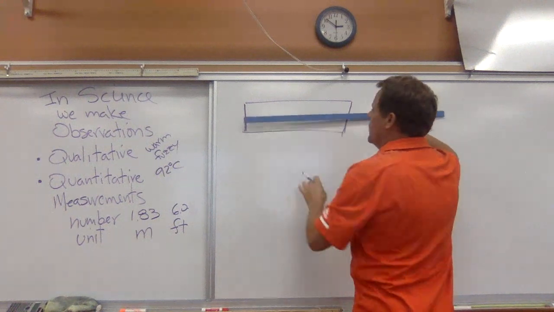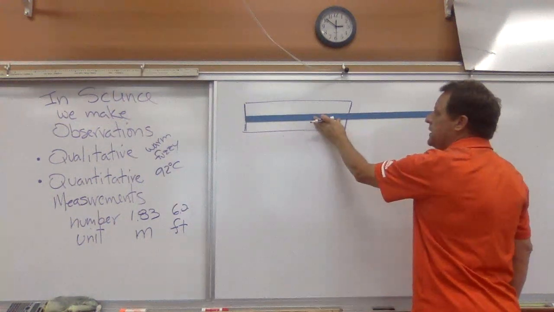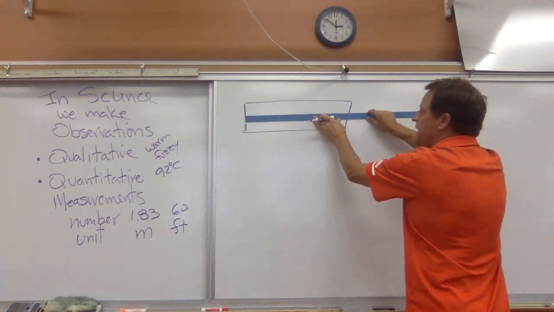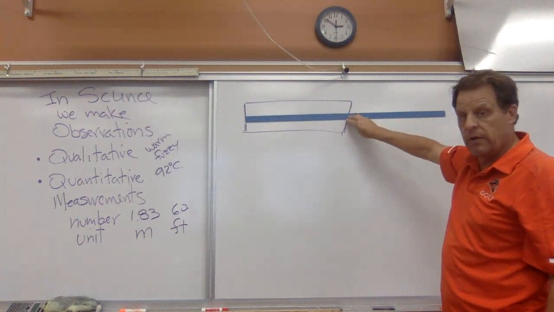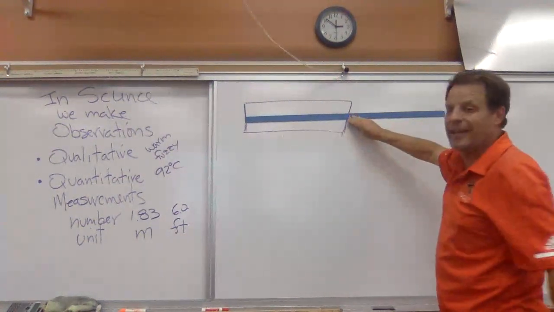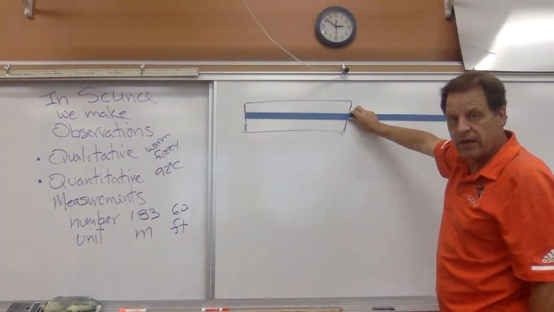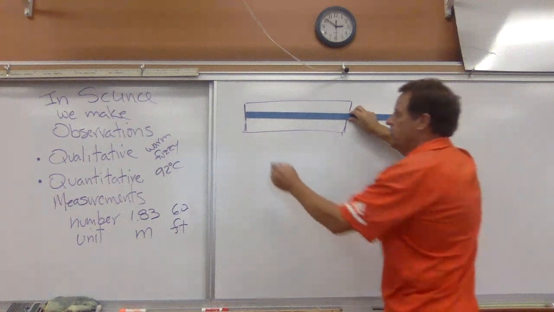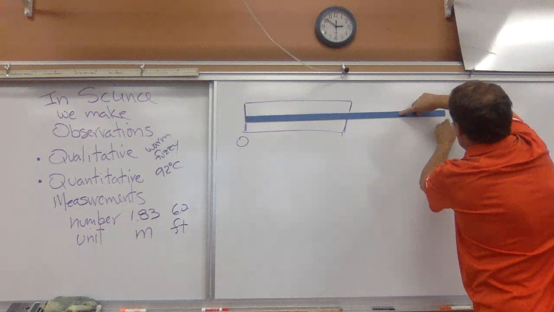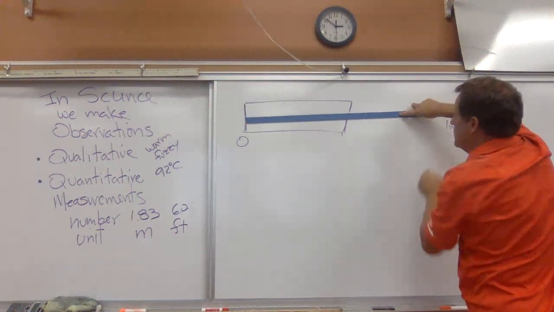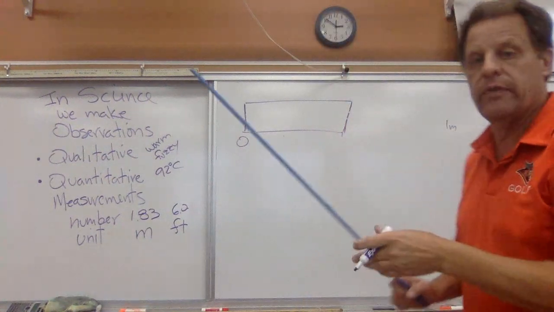If we look here and we know that the whole length is a meter, obviously this is less than 1 meter. Whenever we are measuring between 2 points, so this would be 0 and this would be 1 meter, we can estimate what that is.